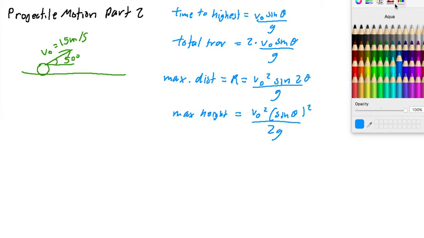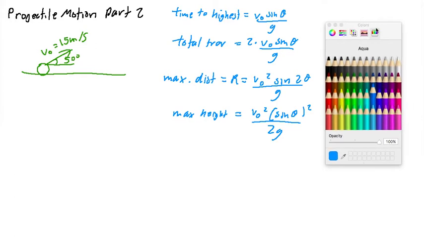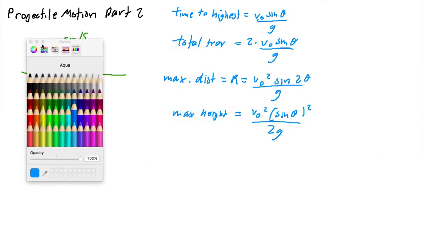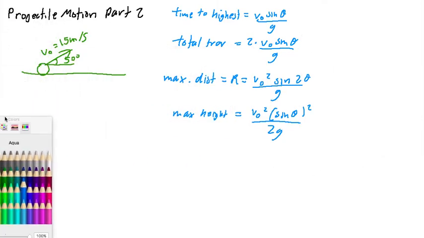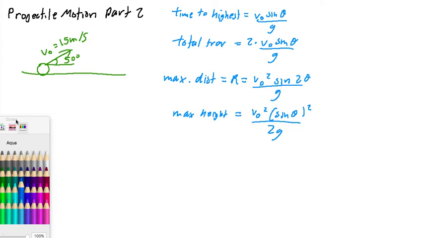So now, let me just move this. Actually, I may still need this, so I'm just going to put it somewhere over here. Alright, let's go ahead and plug in our values. Right here, we're going to plug in v0 being 15, sine of 50 degrees, remember degrees is important, over 9.8.